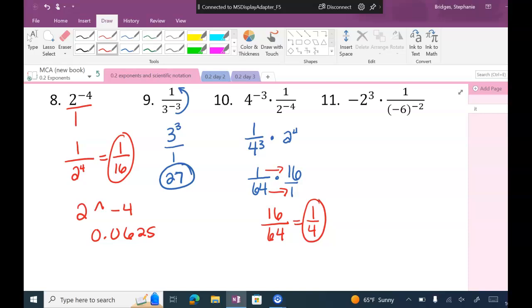All right, try 11. That is negative 2 to the third power times 1 over negative 6 to the negative 2 power.